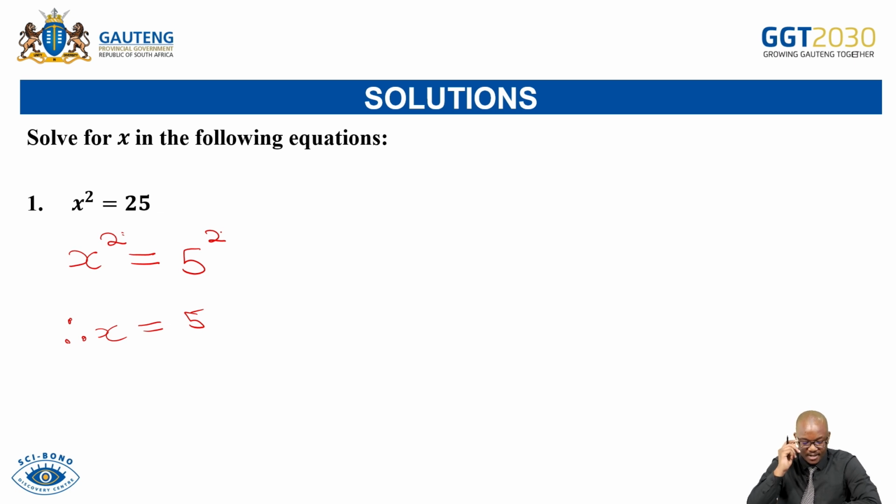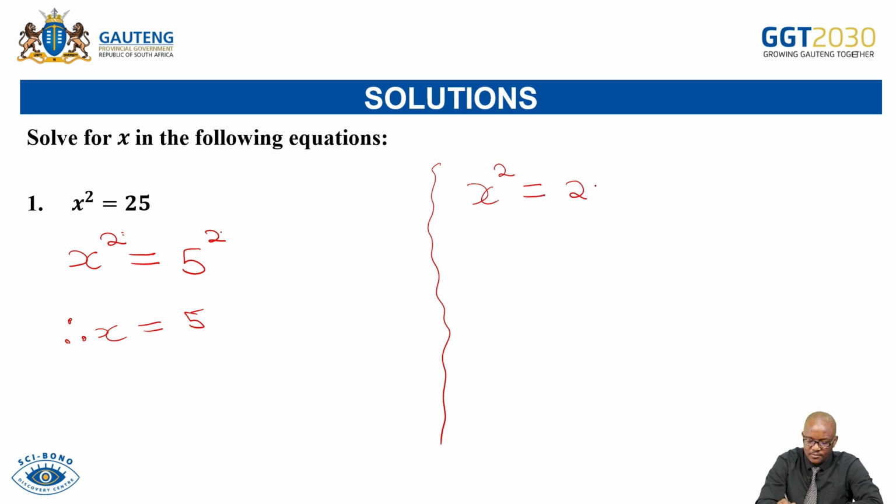Remember, here we are just applying the exponential laws, where we say if the exponents are the same, then you can equate the base. Knowing very well that in algebra, x squared means we must have two solutions of x.